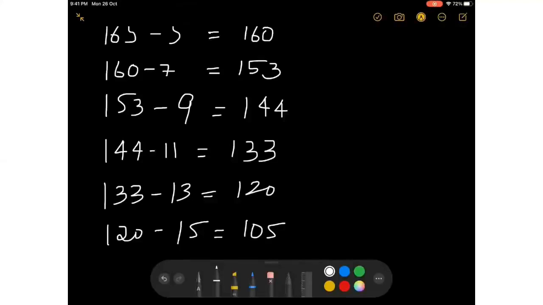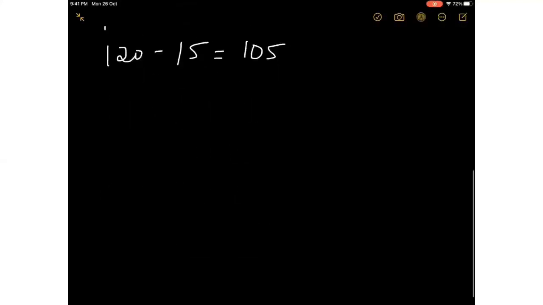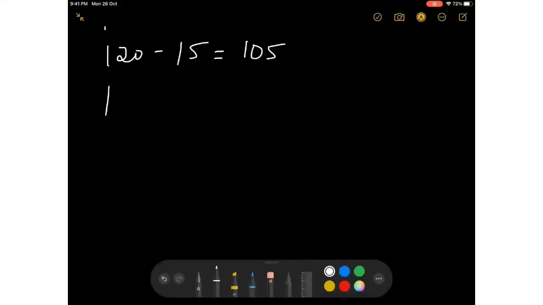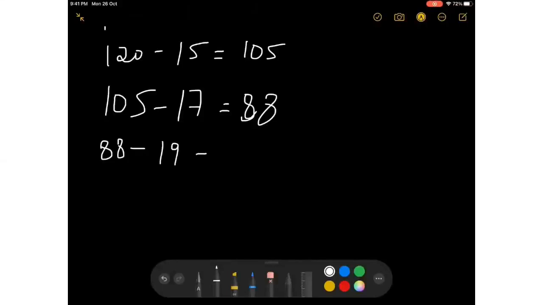And 105 minus the ninth odd number, which is 17, is equal to 88. And 88 minus the 10th odd number, which is 19, gives you 69.